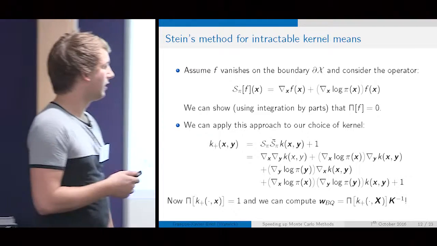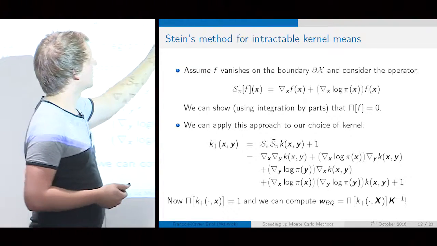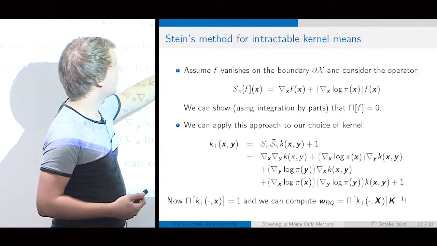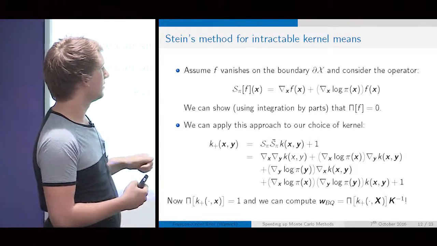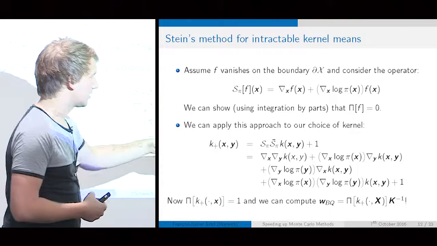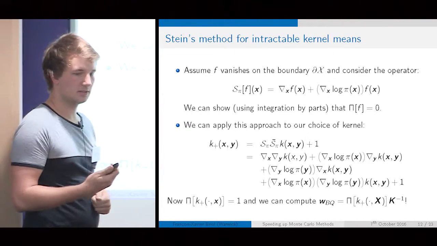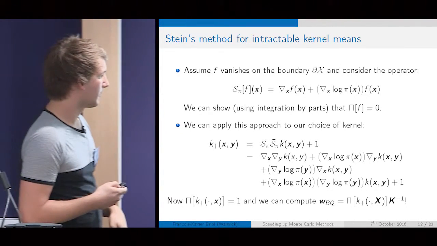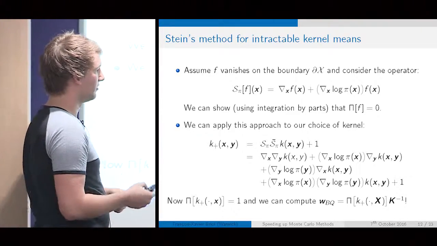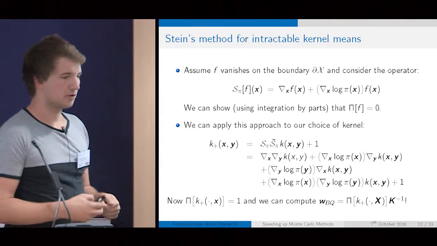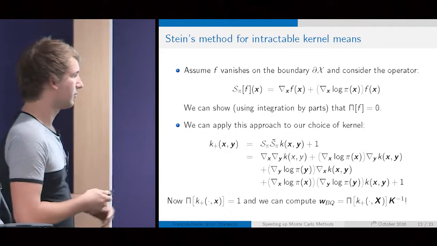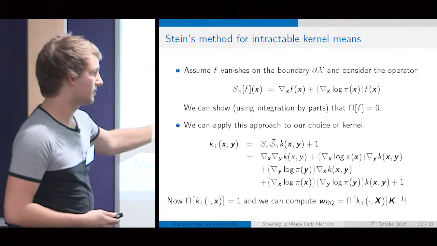Something to note is that because this doesn't really depend on the normalizing constant of the density, I can actually use this with intractable densities. Okay, and I should say that this method with this type of kernel is what Chris and Mark called control functionals. So that's what I'm going to be referring to this method as.